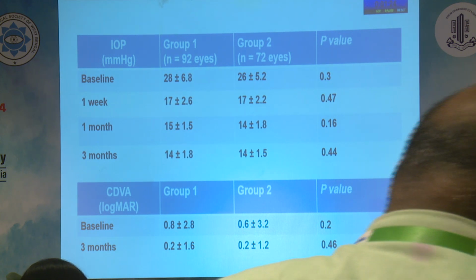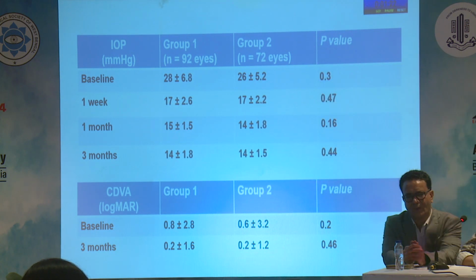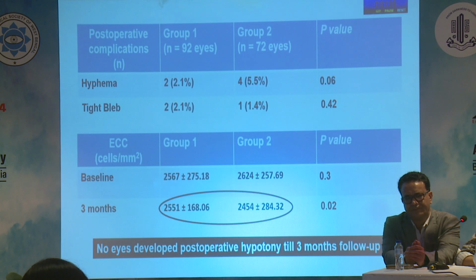So 82% of the eyes, that is 70 eyes out of 92, achieved complete success in group 1, and 66 eyes out of 72 eyes achieved complete success in group 2, that is 83%. The difference in visual acuity between the two groups was also not statistically different.